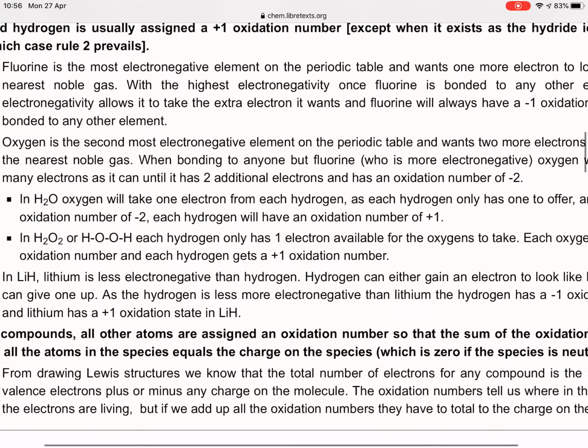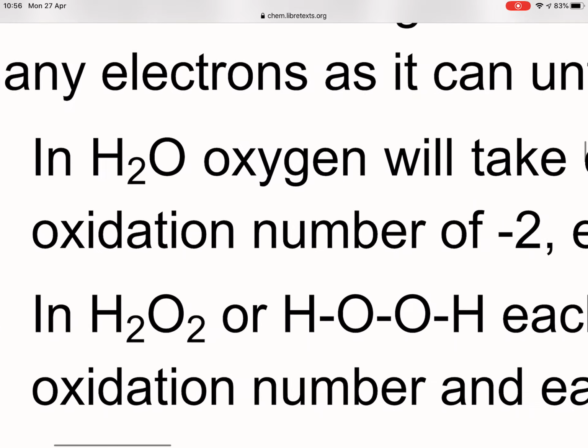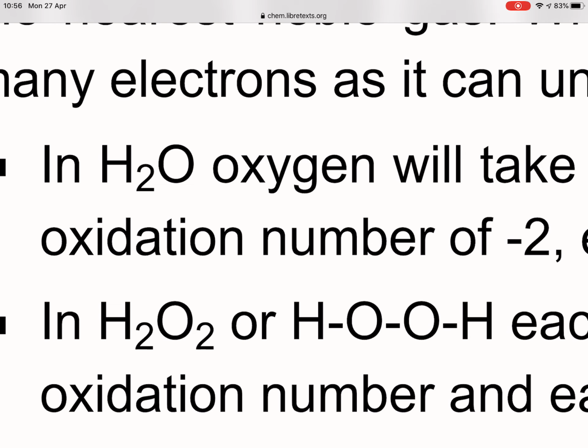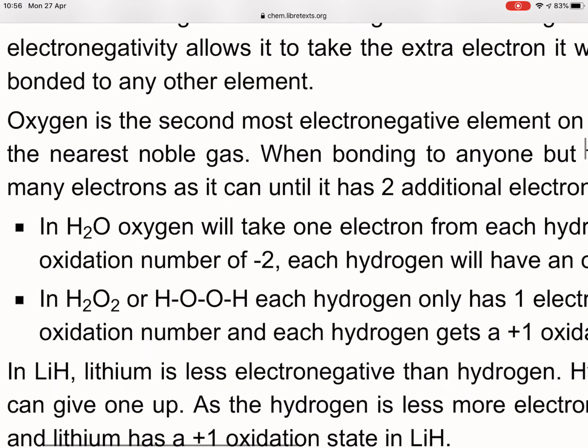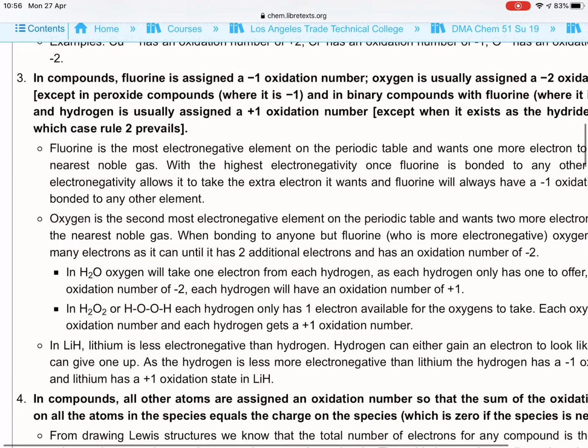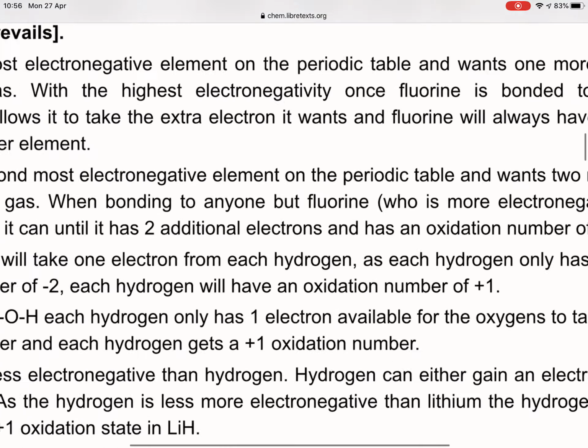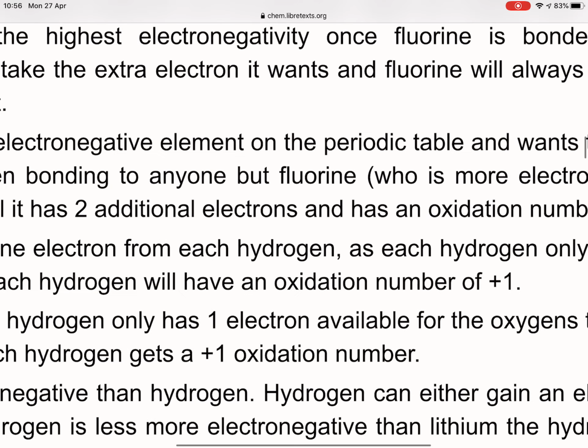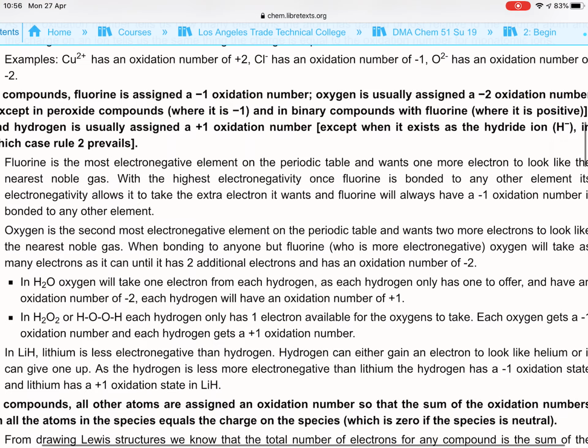Oxygen is a part of water, H2O. In H2O, oxygen will take one electron from each of the hydrogens, and so that gives it a -2, and hydrogen ends up as a +1. Compare that with hydrogen peroxide, H2O2, HOOH.